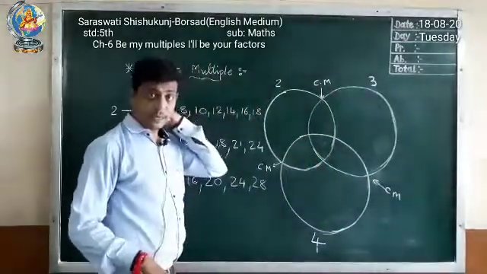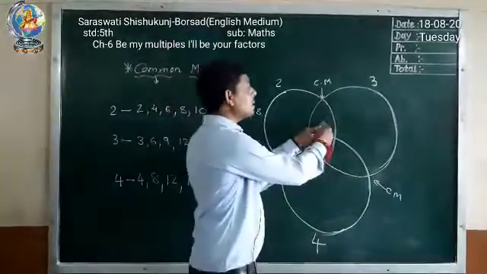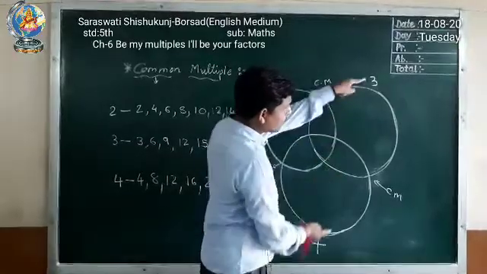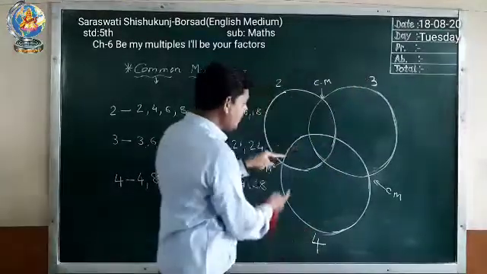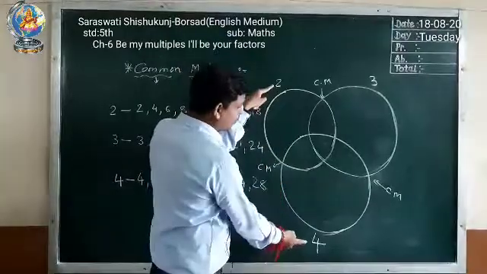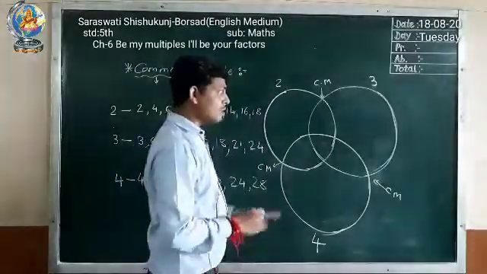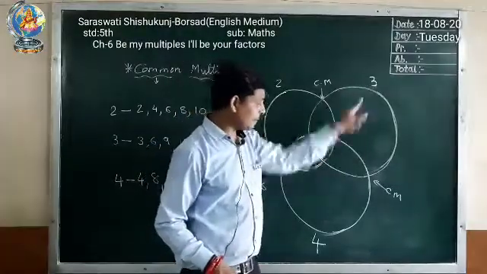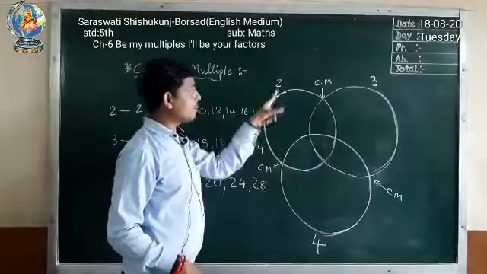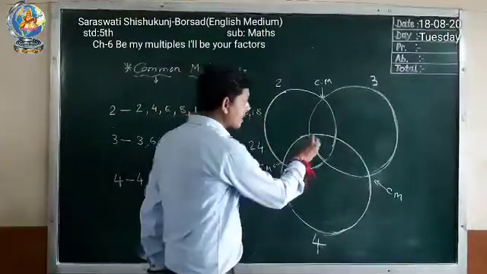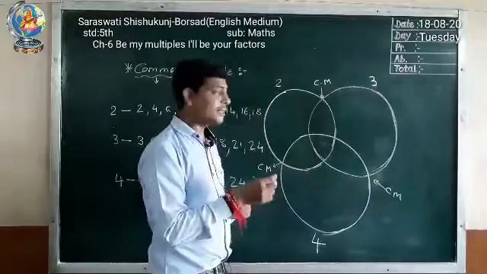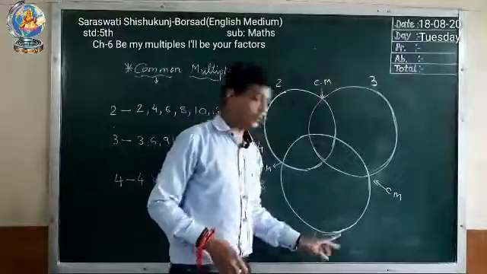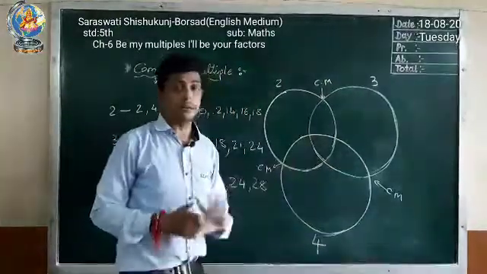Here the common multiple of 2 and 3 will come. Here the common multiple of 3 and 4. And here the common multiple of 2 and 4. At the center we have to write the common multiple of all three numbers, 2, 3 and 4.